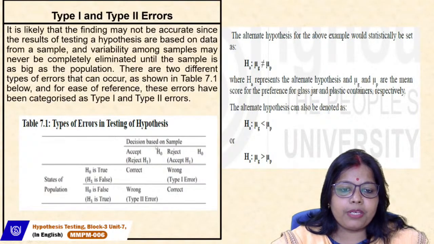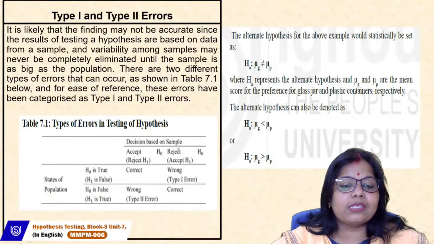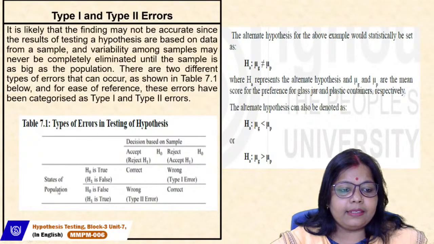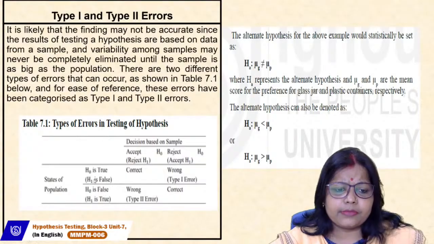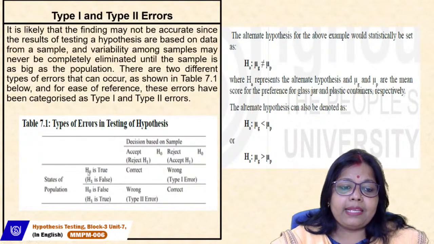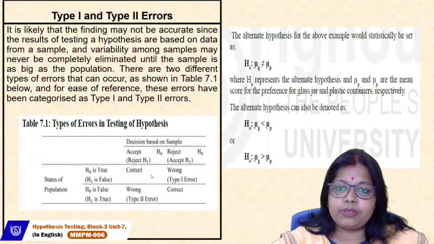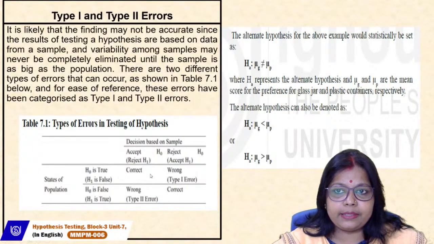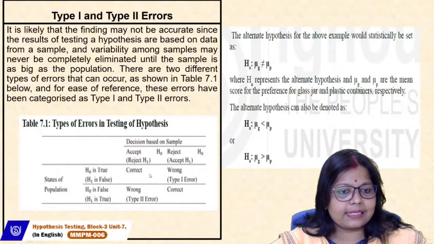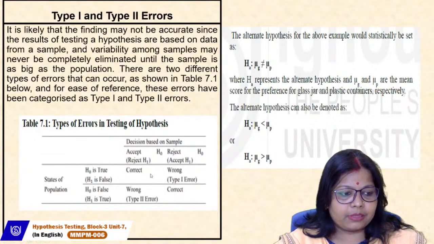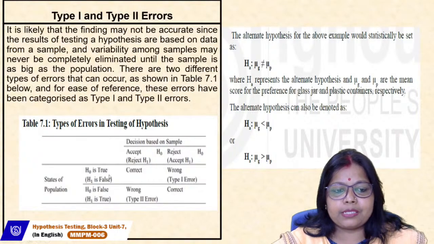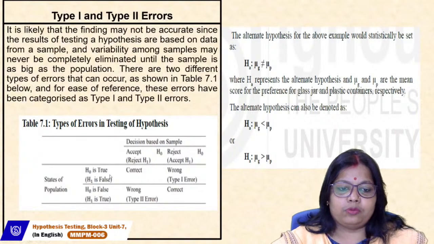We can see at the top of the table, this is the decision based on the sample. Here in the rows, there is the state of the population. Suppose my H0, what was my H0 in this particular example? There is no difference in packaging in glass and packaging in plastic. So this hypothesis is true.